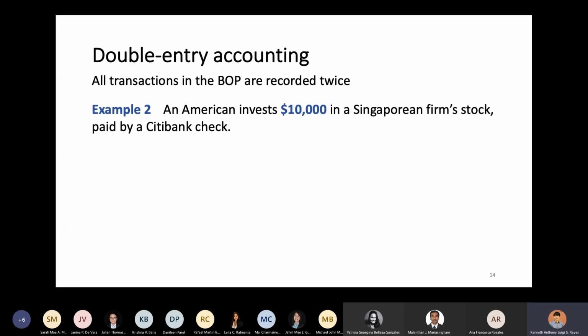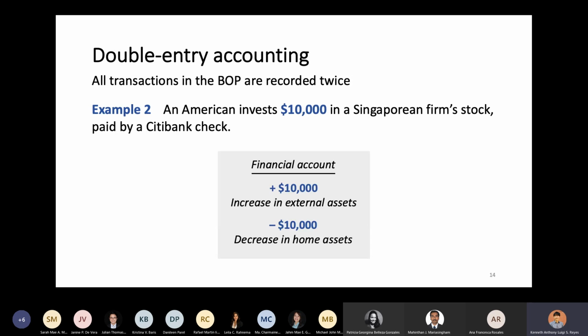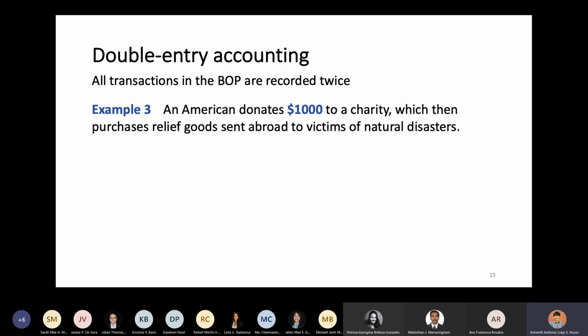Another example, let's say an American invests money in a Singaporean firm's stock. So here, all our transactions will be in the financial account, because this is just a transaction in financial assets. Another example, let's say an American donates $1,000 to a charity, which then gives relief goods to victims of natural disasters.